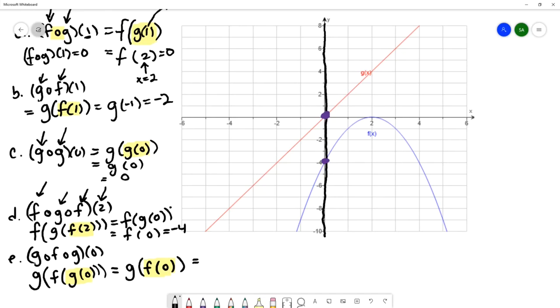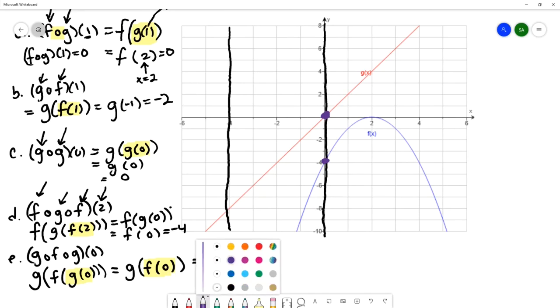F of 0 is -4. Finally, we'll find g of -4. This is the vertical line, x equals -4. We're interested in this point where the vertical line crosses the graph of g. That has a y-coordinate of -8. G of -4 is -8.